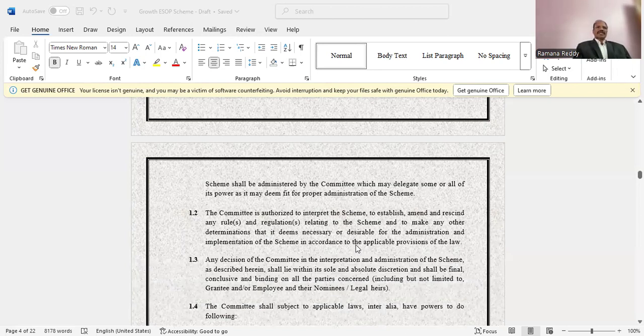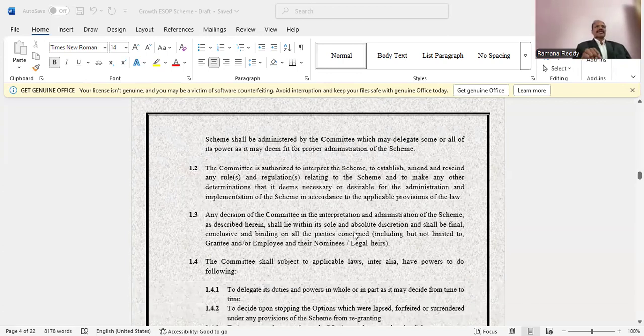The committee is authorized to interpret the scheme, because the members are giving the power to establish, amend, and rescind any rules or regulations relating to the scheme and to make any other determinations that it deems necessary or desirable for the administration and implementation of the scheme in accordance with the applicable provisions of law.